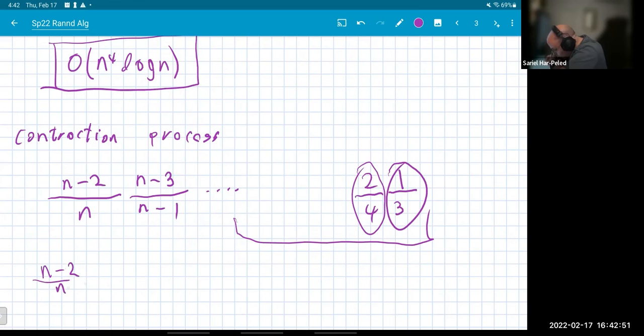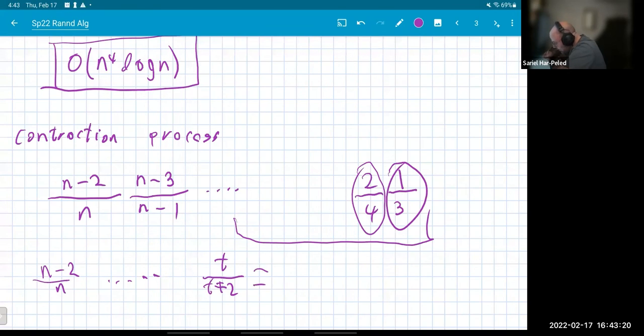We are going to stop when the graph has t vertices. I'm going to take the graph, t is going to be a parameter, and do contraction until the graph has t vertices.